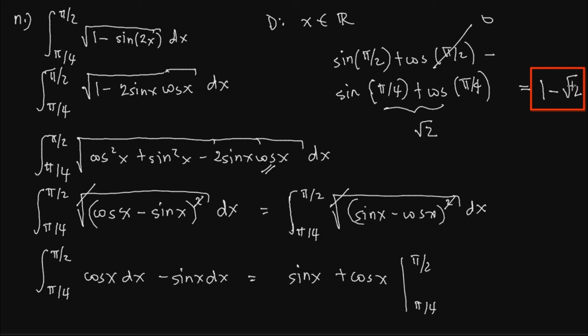That is 1 minus square root of 2, assuming that we take the positive side of this equation. Now, how about if we try to take the value that is at the negative side of this? So, in this case, we will be having something like negative of this whole expression. So that is 1 minus square root of 2. So this is actually square root of 2 minus 1.